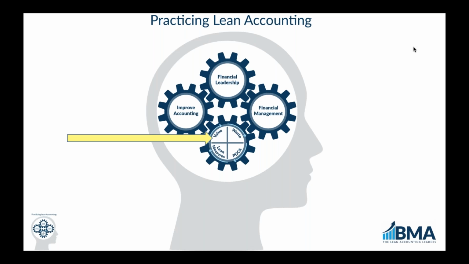That's the gear that drives both improving accounting and financial management in lean accounting, and then ultimately drives lean financial leadership. So we're at the first foundational practice, and so we always want to ground in where we are in practicing lean accounting.